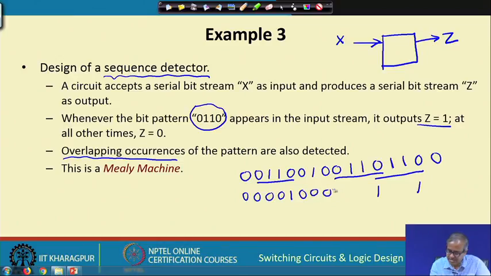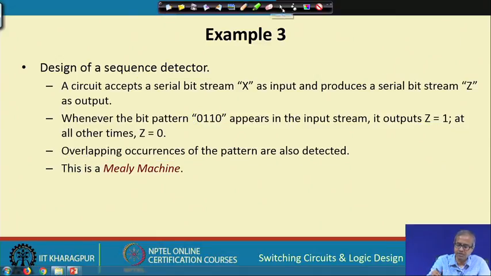This is the circuit that we want to design. So, this will be my x and this will be my z, right. This is a Mealy machine because there is an input and the output will of course depend on the input and the state both, right. So, this is not a Moore machine, this is an example of a Mealy machine.